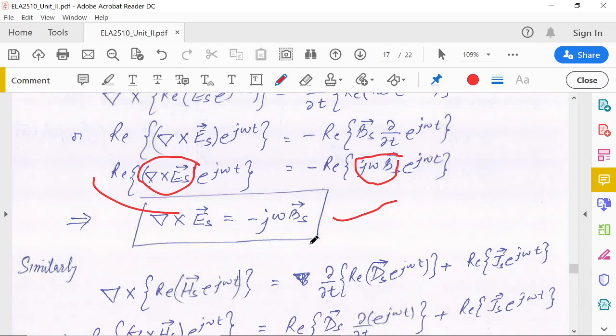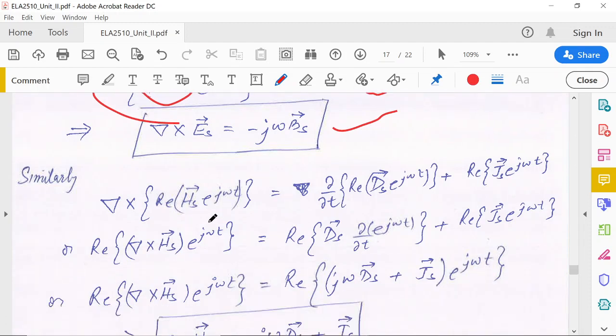Similarly, we can obtain the phasor form of the other Maxwell's equations by going through the same process.